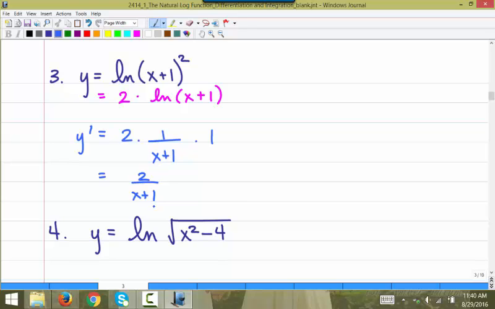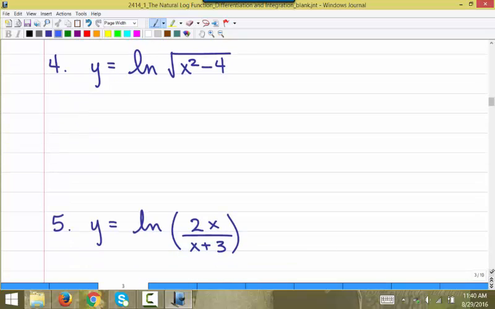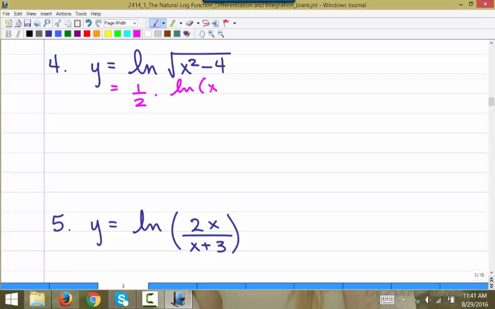Now, I just told you that exponent, you wanted to move it out front, so go look at number 4. Do you see an exponent? Yes, it's 1/2. So I'm going to rewrite this as 1/2 times ln of x squared minus 4. Square root, you can write it as that stuff to the 1/2 power. Bring the power out front.